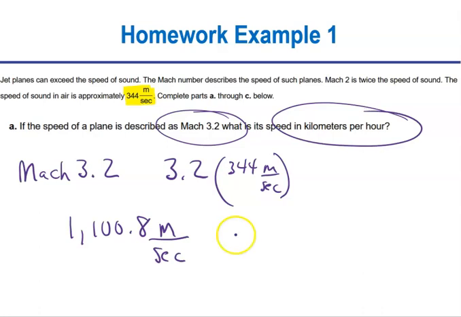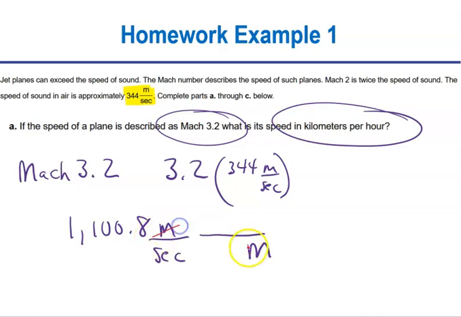So what I'm going to focus on now is multiplying by a unity fraction. I'm using dimensional analysis, okay? And I want to get rid of meters and change it to kilometers. All right, how do I do that? Remember, if you're trying to get rid of a unit that's in a numerator, then that unit goes in the denominator. Why?